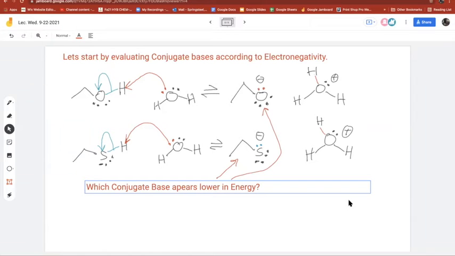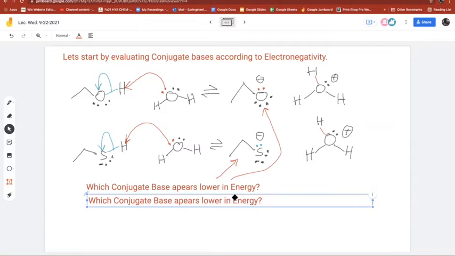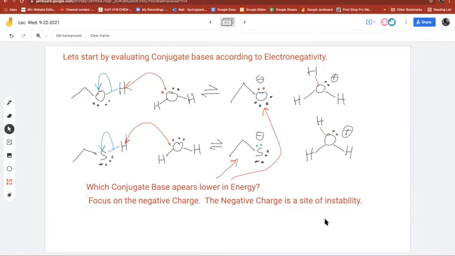Well, we'll focus on the negative charge, because the negative charge is a site of instability. Is that how you spell instability? I think so.